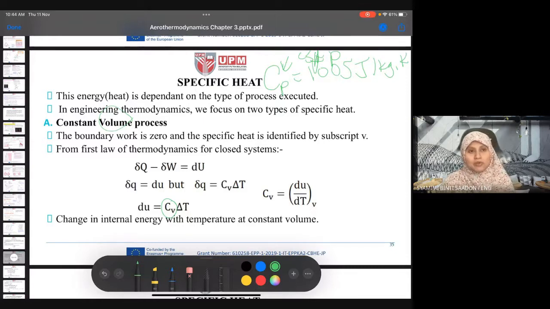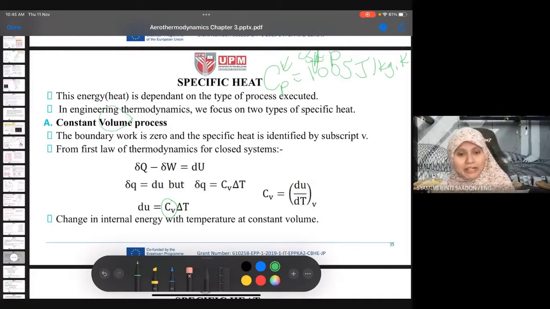So we have to know first whether the process is at constant volume or constant pressure, then we can choose which specific heat to use, because the value is different even for the same substance, for example water or air. For air, Cp is 1005, but Cv at constant volume is different. So we have to know whether the process is isochoric, constant volume, or isobaric, constant pressure.